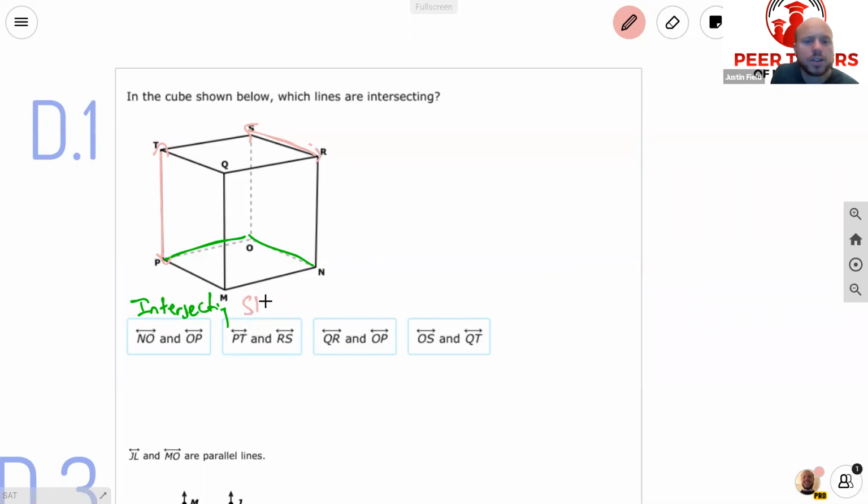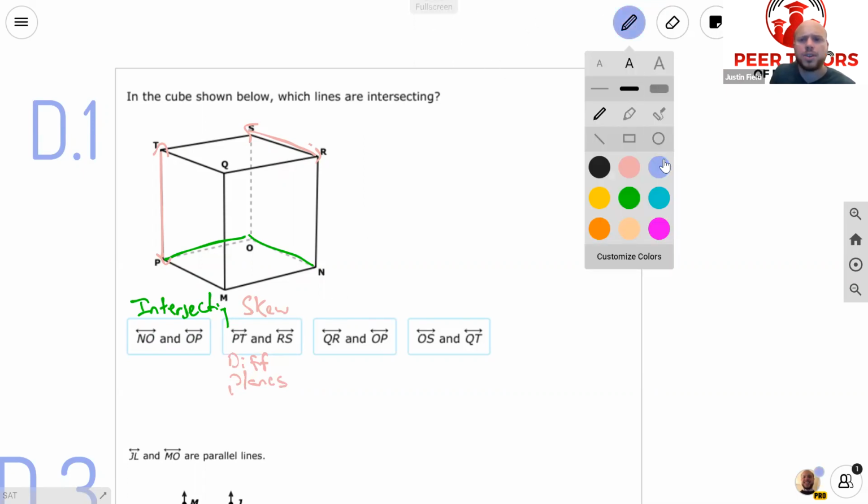These are called skew lines, and they are in different planes. A plane is like a 2D surface, right? Like a sheet of paper would be, for example, a model of a plane. All right, so those are skew.